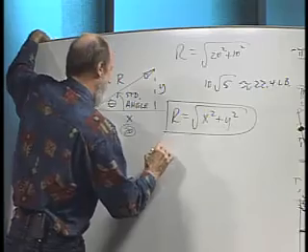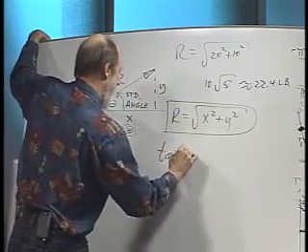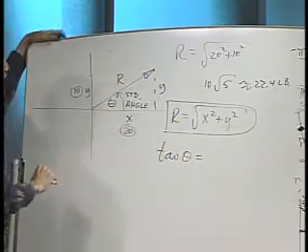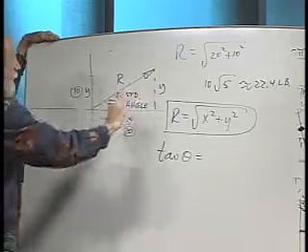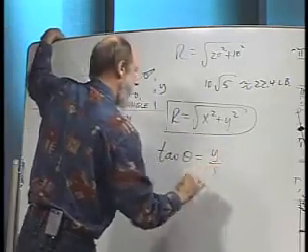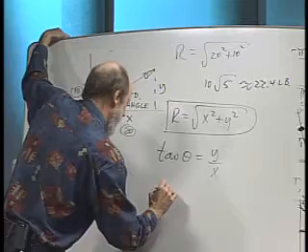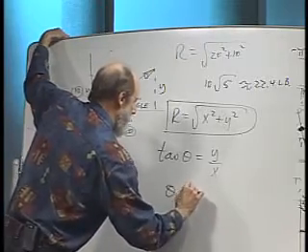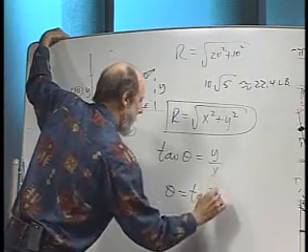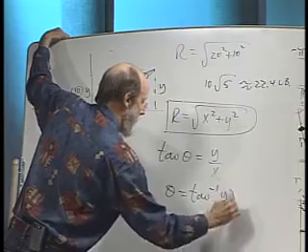Now, the tangent of this standard angle is y over x, isn't it? So the angle is going to be equal to the inverse tangent of the y reading over the x reading, usually.